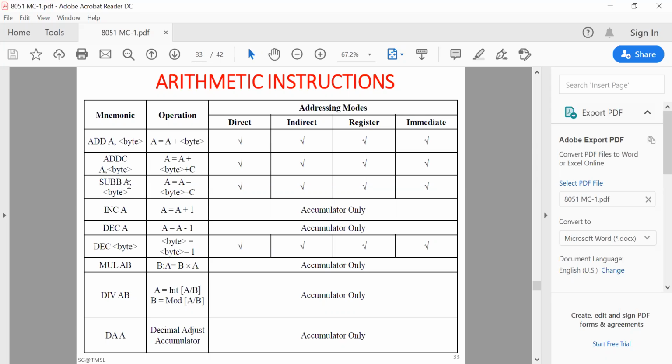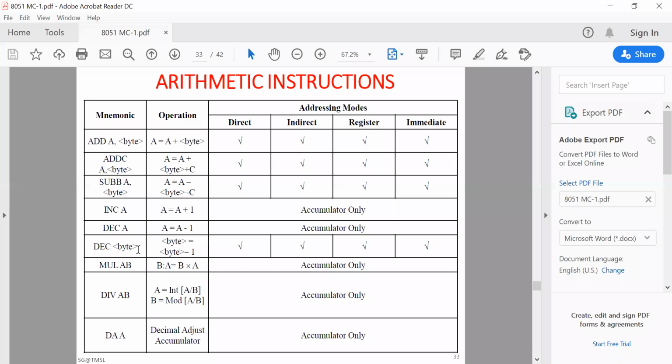SUBB A means subtract with borrow. INC A will be A plus 1, and to decrement any register content by 1 you have to use DEC, or any byte can be given as DEC a byte.